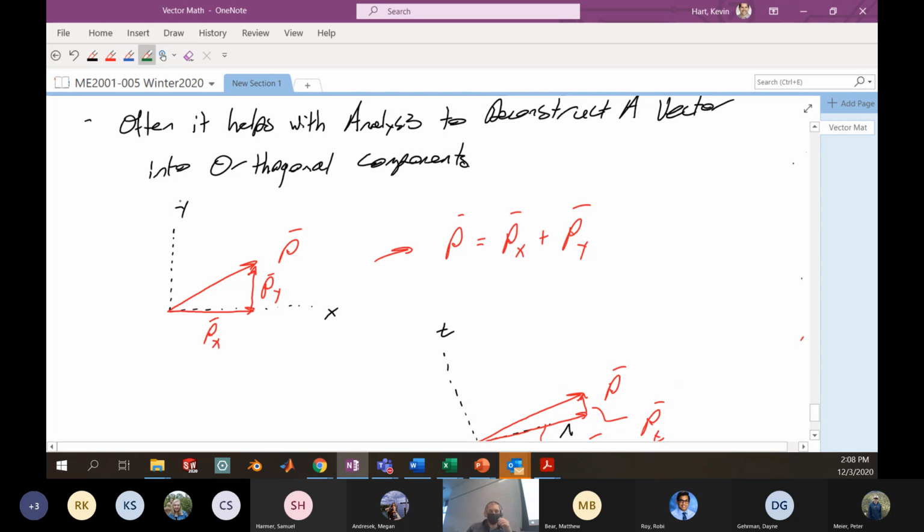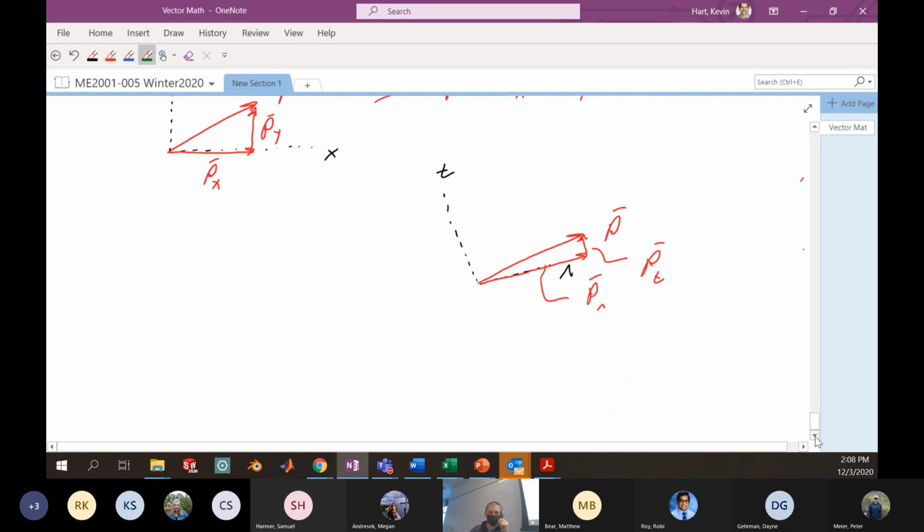So we can represent the total vector P by talking about the addition of the individual components that make up that vector in the x and the y directions. So if we added the magnitude and direction in the x direction and the magnitude and direction in the y direction, we're going to get that total amount of that vector P. And one easy way that we can describe the magnitude and direction of particular components of a vector is with unit vectors.